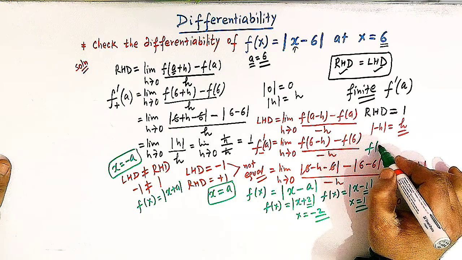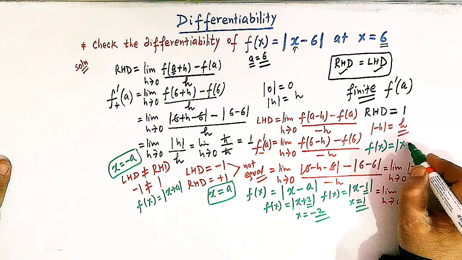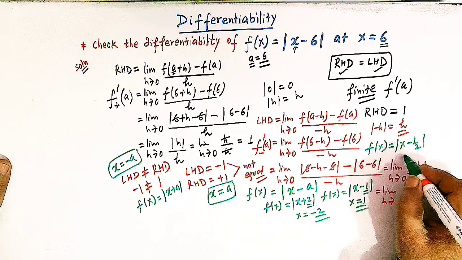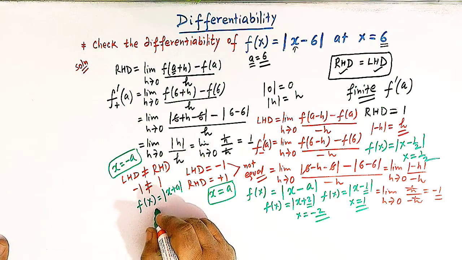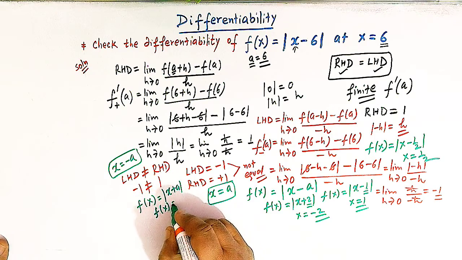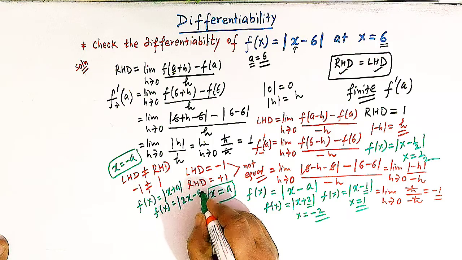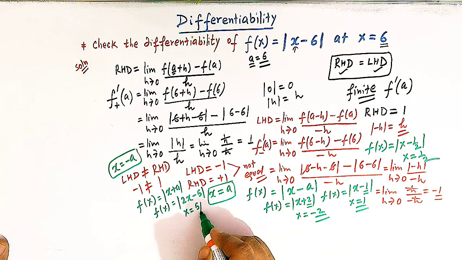Similarly, we can take another example. If we have a function f of x that is mod of x minus half, then this function is not differentiable at x equal to half. Now similarly, if we have a function f of x equal to mod of 2x minus 5, then this function is not differentiable at x equal to 5 by 2.